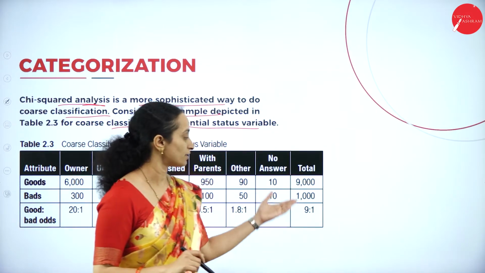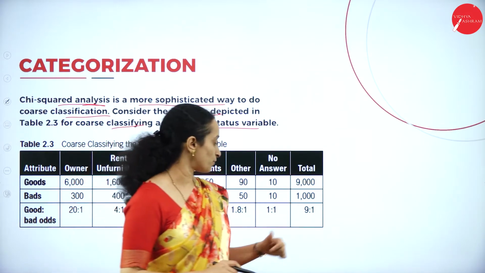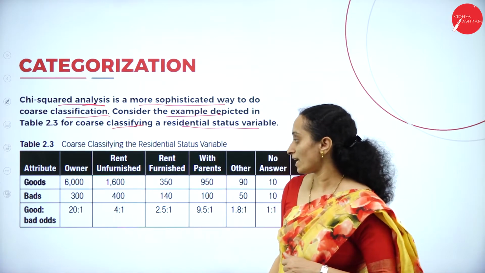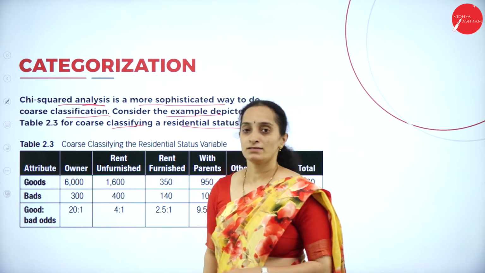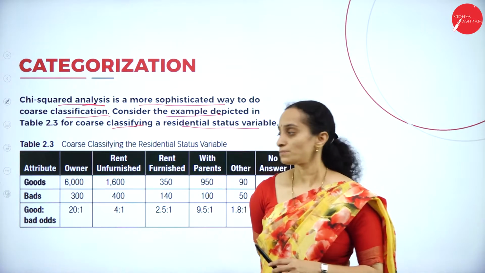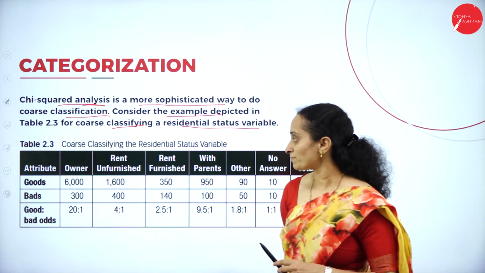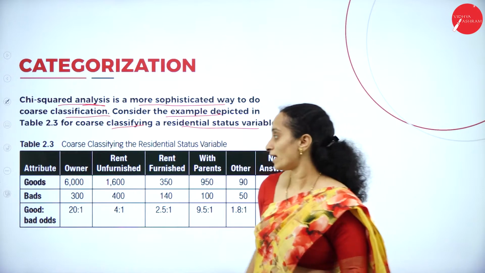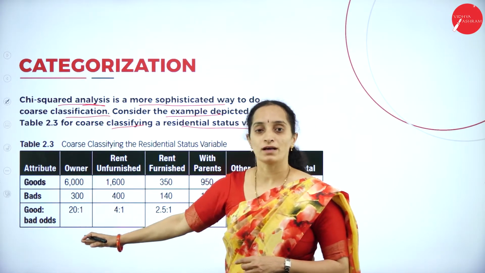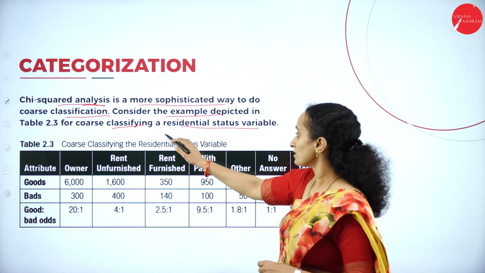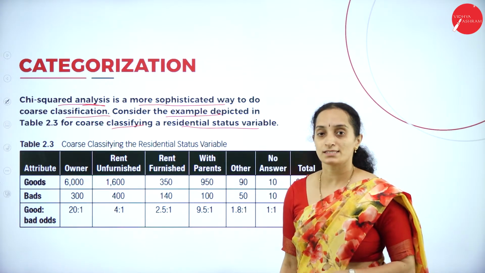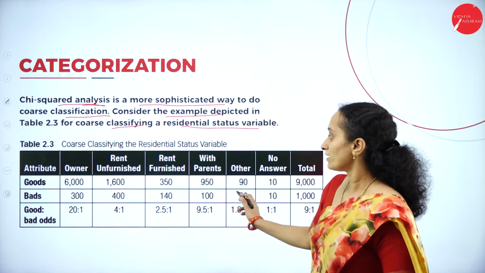And the total number of members, we take the ratio of good to bad odds. So we have how many are in the good category and how many are in the bad category. We consider the housing society, or residential status variable.